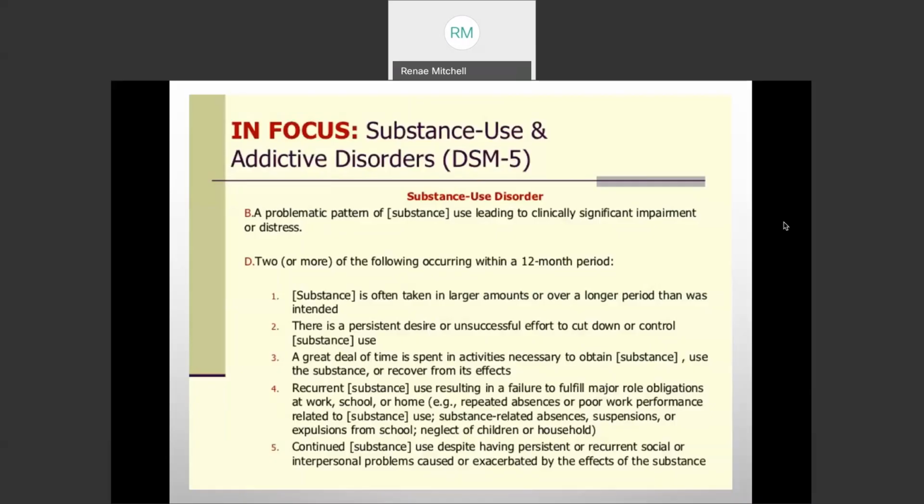Now I'm hungover. Rinse, repeat. That would be a great deal of time spent on a substance. Using in a way that is impacting functioning, as I mentioned earlier, or continuing to use it despite experiencing negative consequences. Two of those need to be met in a year in order to count as substance use disorder.